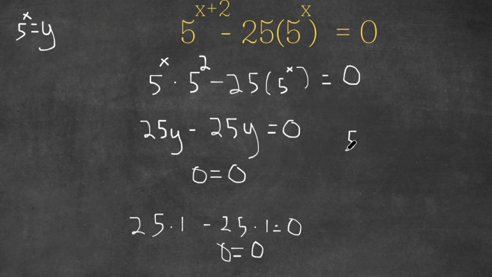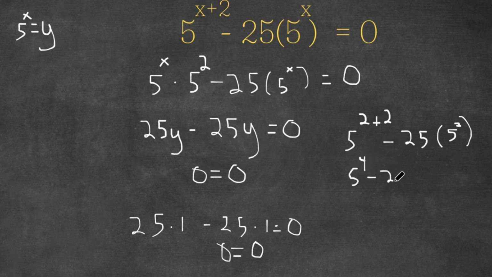We have 5 to the power of x equals 2, so 5 to the power of 2 plus 2 minus 25 times 5 to the power of 2. 5 to the power of 2 plus 2 is the same thing as 5 to the power of 4, minus 25 times 5 squared, which is 25. 5 to the power of 4 is 625, and so is 25 times 25.